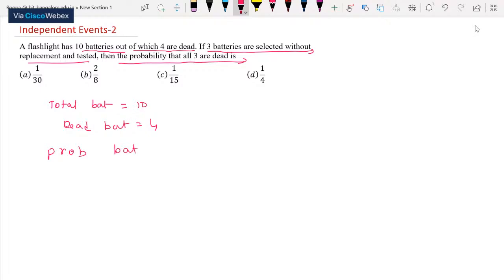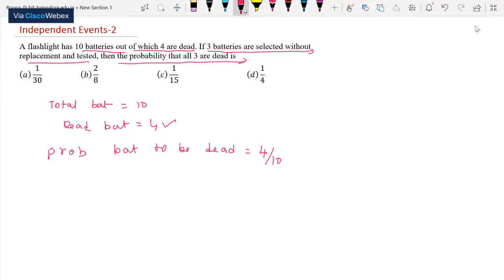I'm not going to write the entire thing on the board. After the class, I'm going to share the entire explanation notes in PDF format in the group. The favorable number of cases for dead batteries is 4, divided by the total number of batteries, 10.